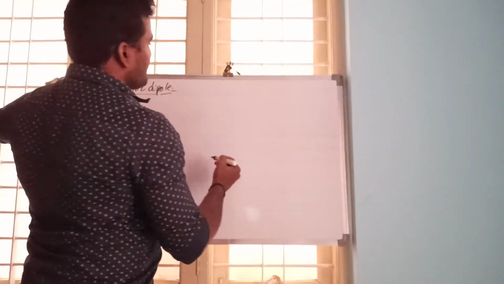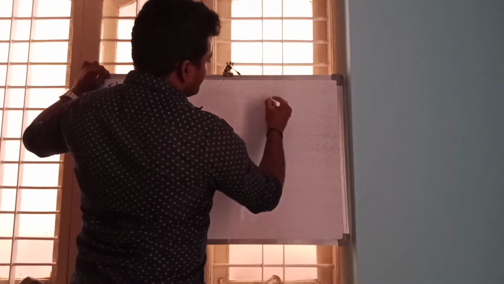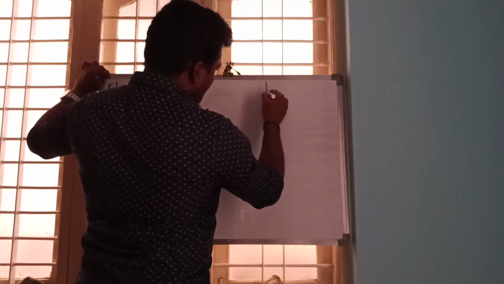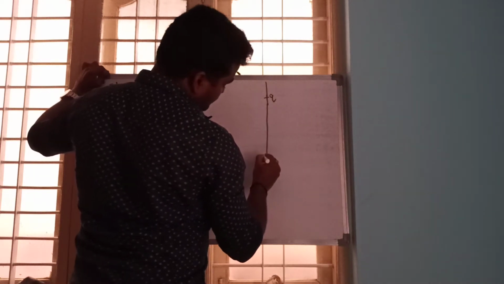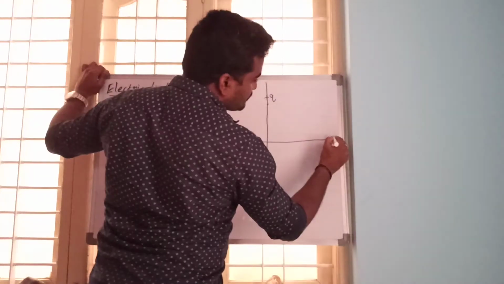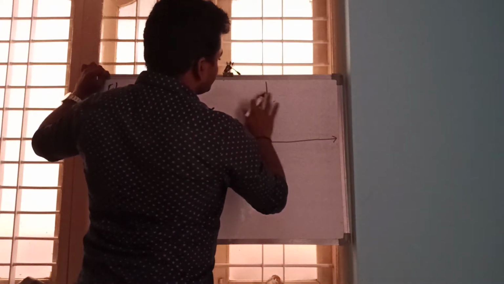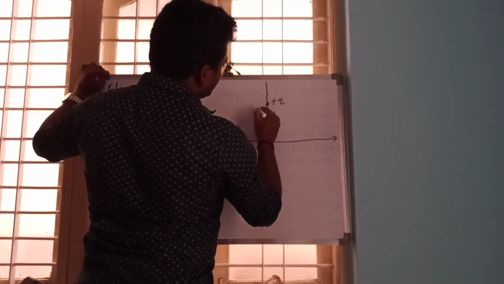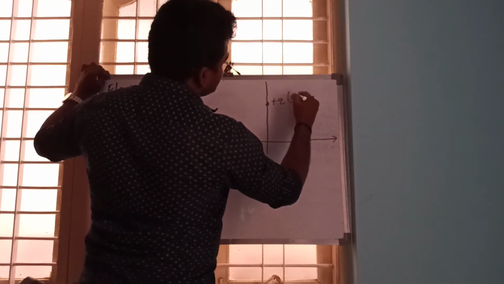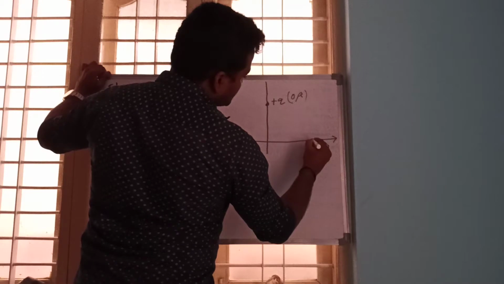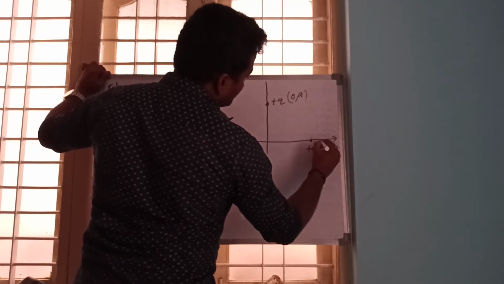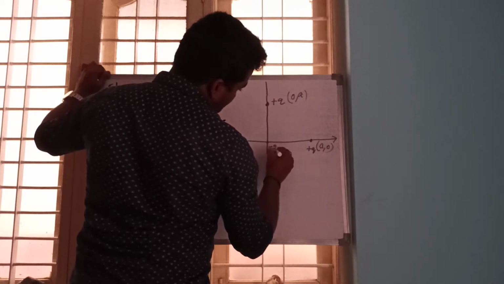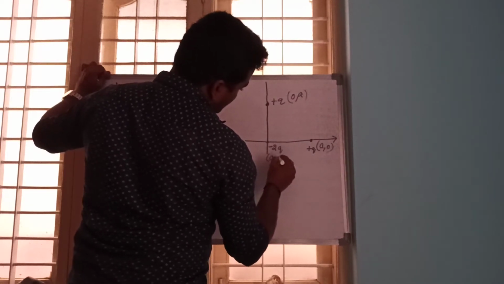Here plus q with coordinates 0 comma a, minus q, and another plus q with coordinates a comma 0, and minus 2q with coordinates 0 comma 0.